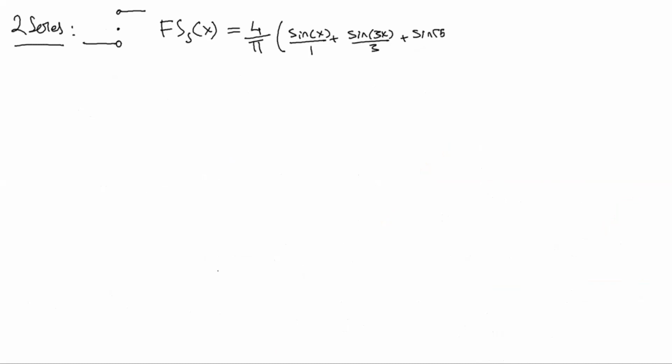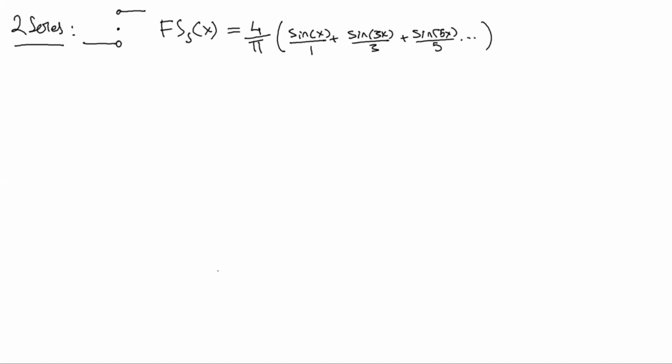The first is this step function, and the Fourier series of the step function was 4 over pi times sine x over 1 plus sine 3x over 3 plus sine 5x over 5.